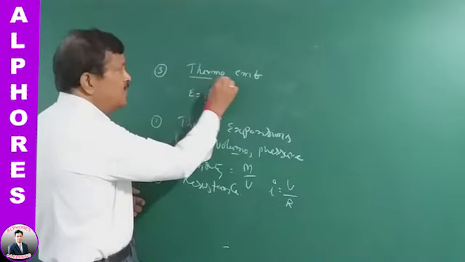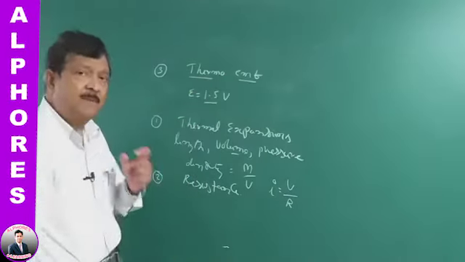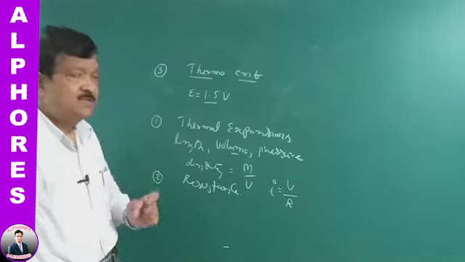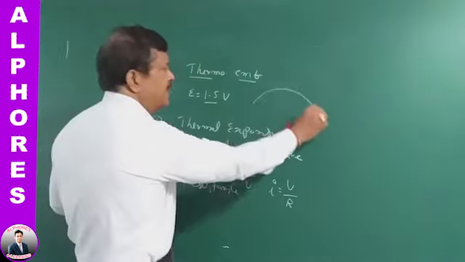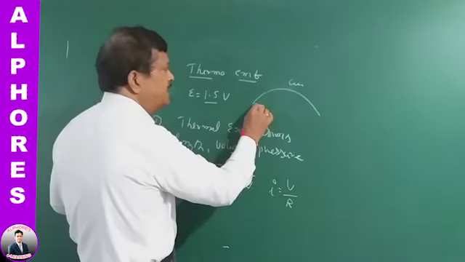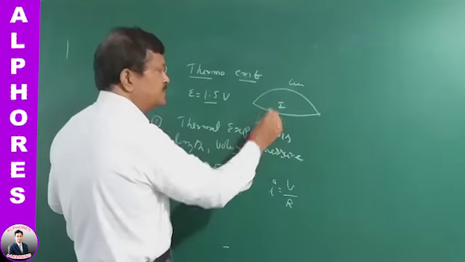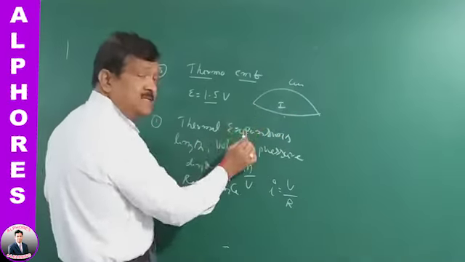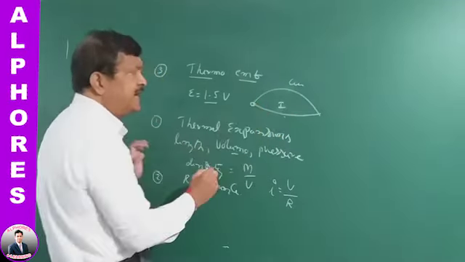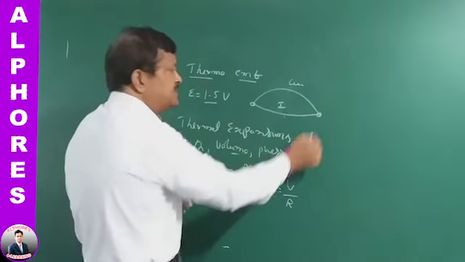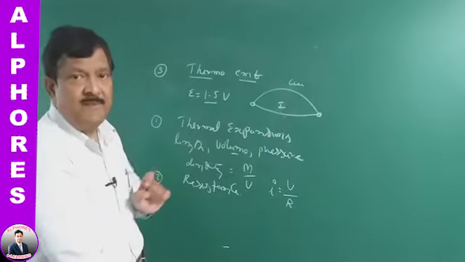Then what is thermo EMF? It is observed that in certain cases of metallic junctions, suppose you take one copper wire and another metallic wire, like some iron, let us suppose. When you join them like this, there is a junction where the copper wire and iron wire are meeting, and here there is another junction where the iron wire and copper wire are meeting.